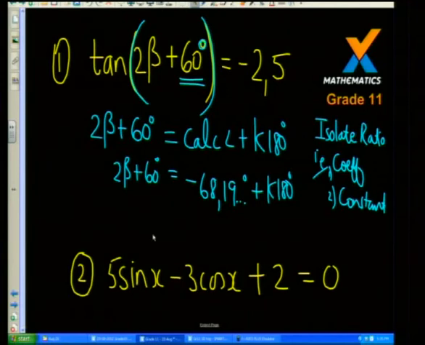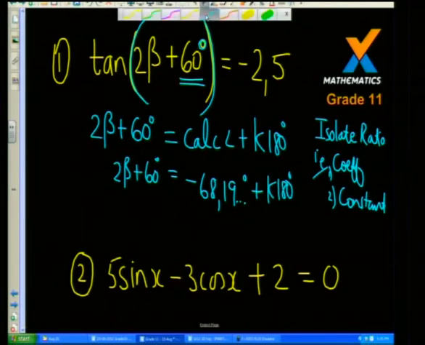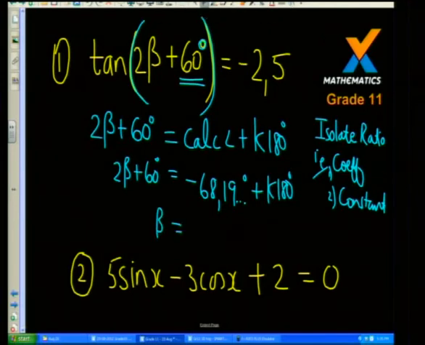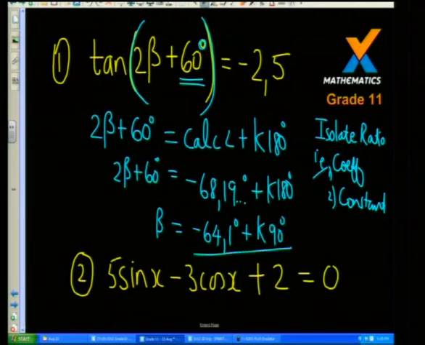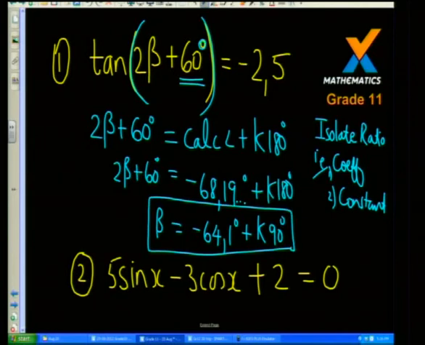So we get beta equals negative 64,1. And we first took 60 away, then we divided it by 2. So if we divide 180 by 2, we're going to get 90 degrees. Okay. So for the mindsetter who was looking for that solution, your beta should be that.